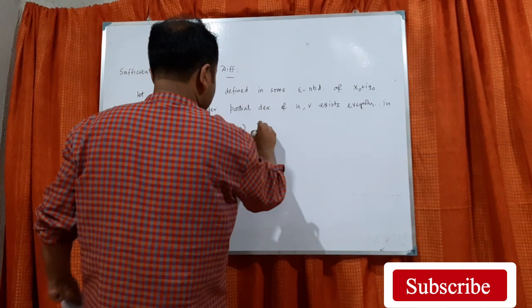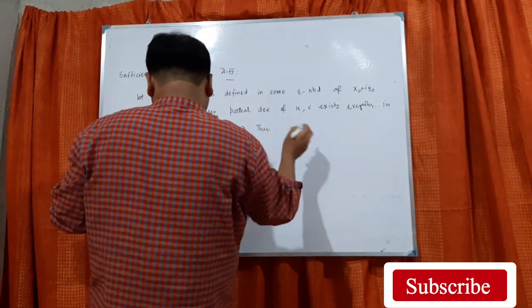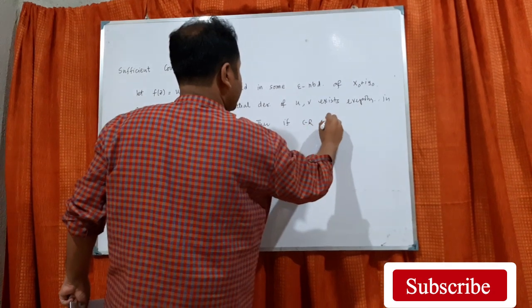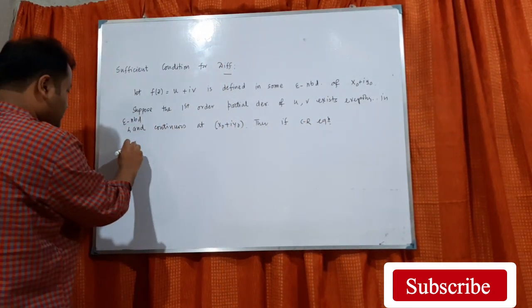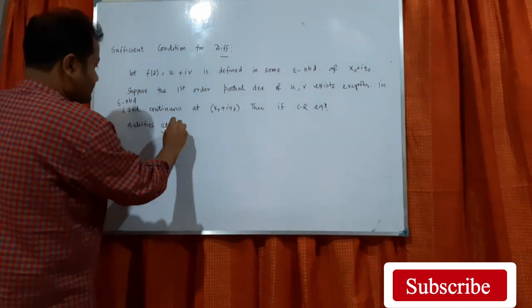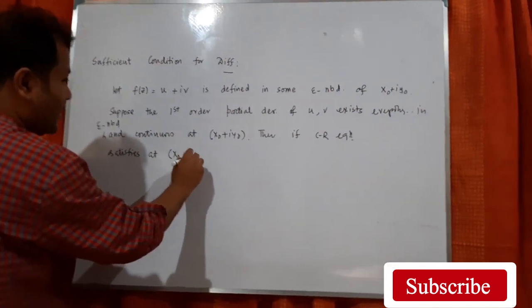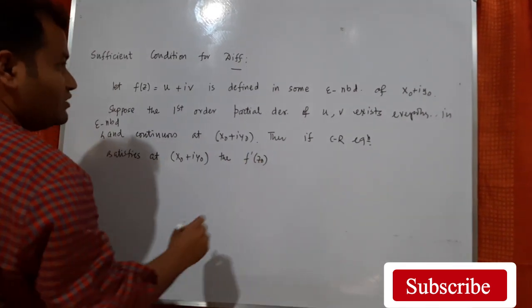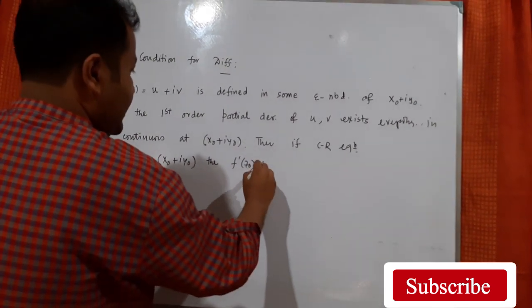Then if the CR equation is satisfied at x naught plus i y naught, then f dash z naught exists.